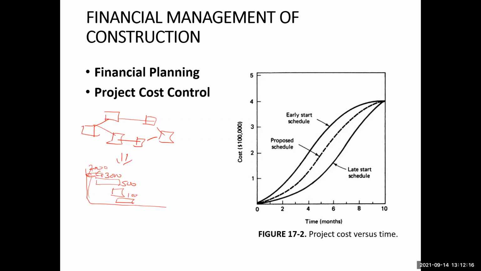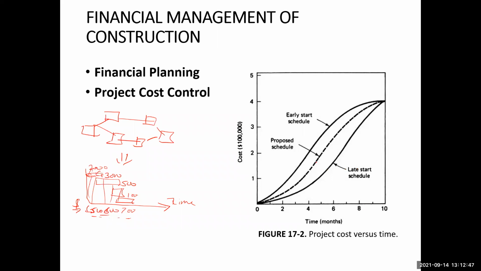And then on a daily or weekly basis, we have the expenses, 500, 600, 700, and then we have the cumulative expenses. If we plot time against these dollar amounts, we can get this kind of curve. I think we earlier talked about this S curve as well.